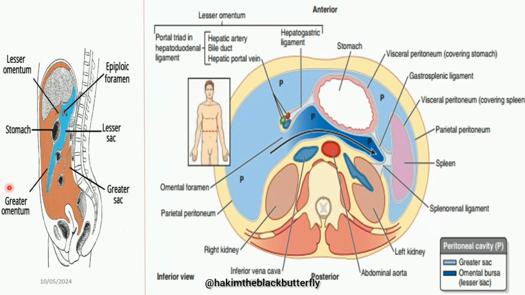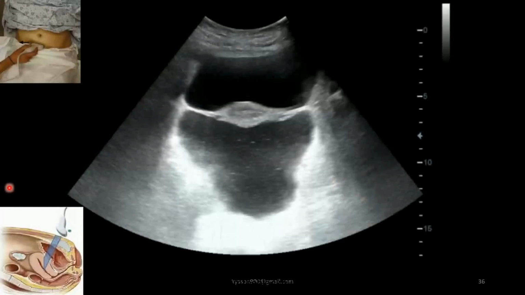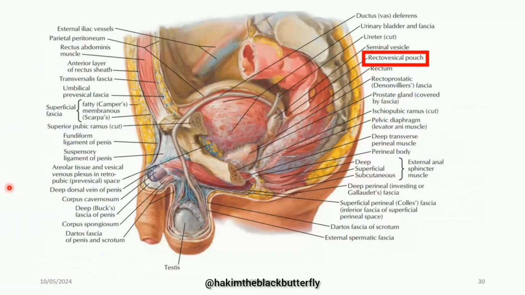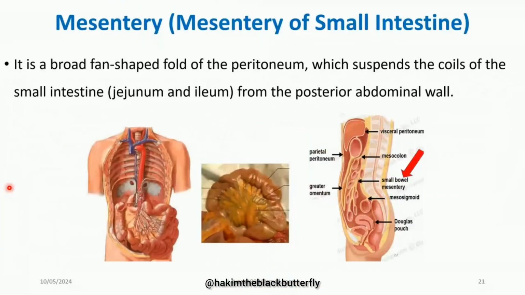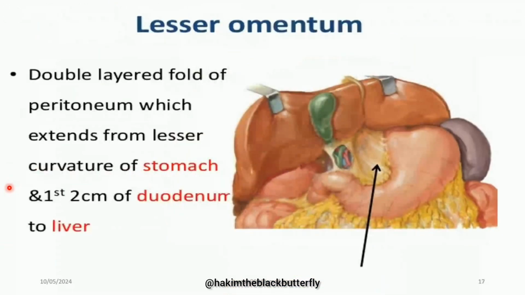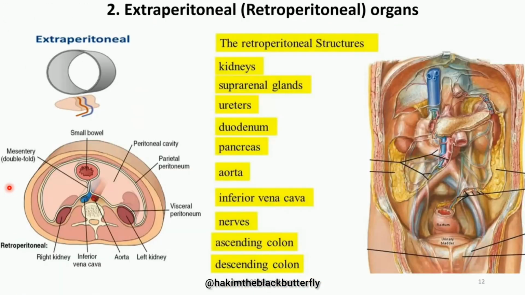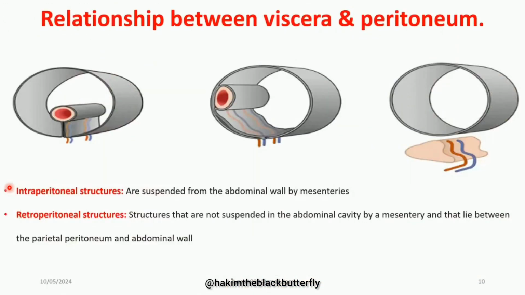Then the other question was about the organs. The organs of the abdomen can be categorized. We've categorized them into the intraperitoneal, those that are almost covered by the peritoneum.